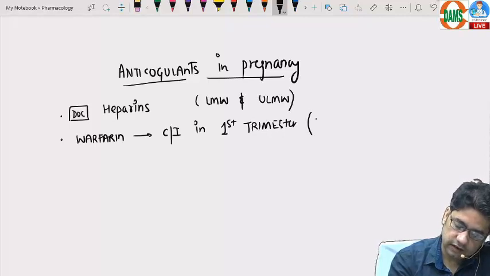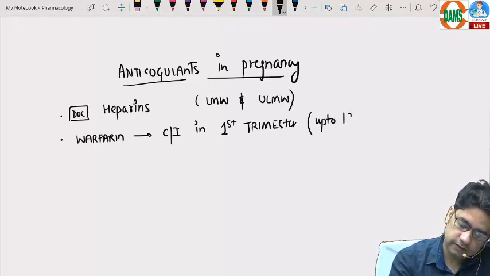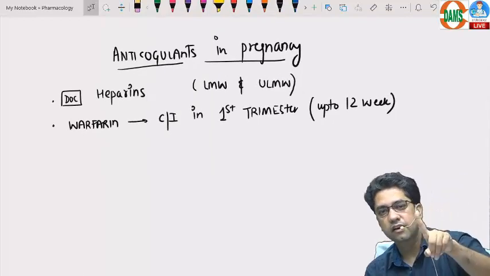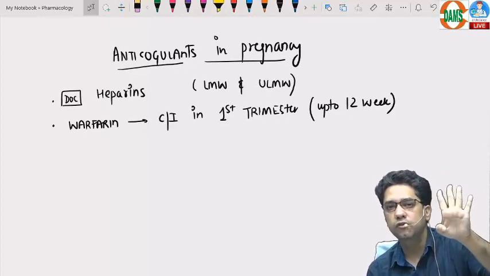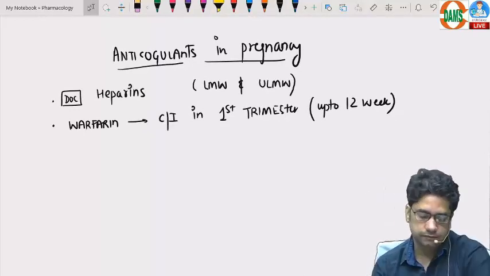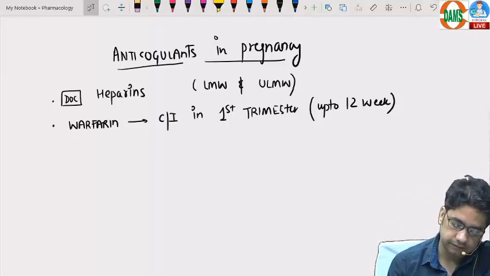Can we write first trimester means up to 12 weeks? Remember, when you talk about treatment of any disease or any medical term, 1 month means 28 days or 4 weeks. Okay? In medical terms, 1 month always means 28 days. Why?